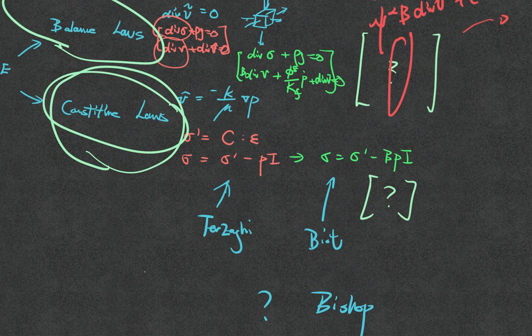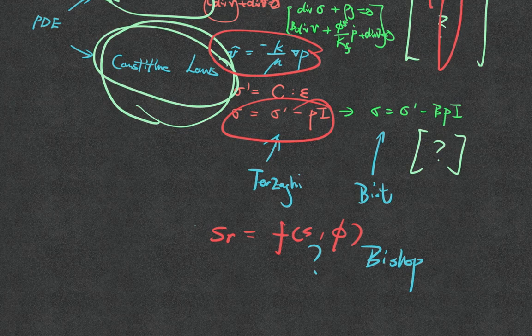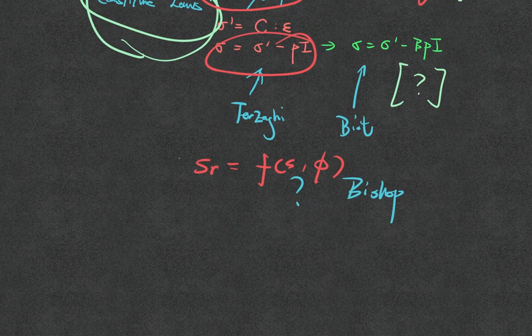And for this solid part, instead of just these 2 equations, I have another one, the water retention curve. You can write it as the following. You can think about it as the suction, as the pressure, as a function of suction and porosity. That's one way to think about it.